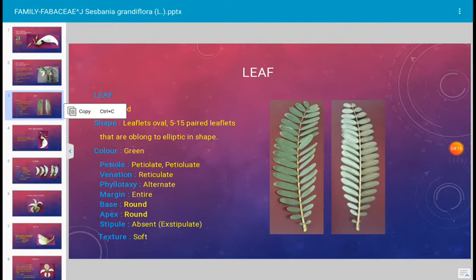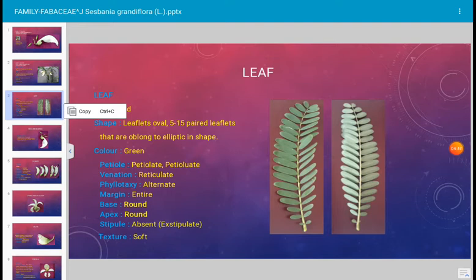Okay. The shape of the leaf is oblong to elliptical. And the color of the leaflet is green, because of chlorophyll. And this paripinnate compound leaf has a small stalk-like structure known as the petiole. When the petiole is present in the leaf, that type of leaf is described as a petiolate leaf.